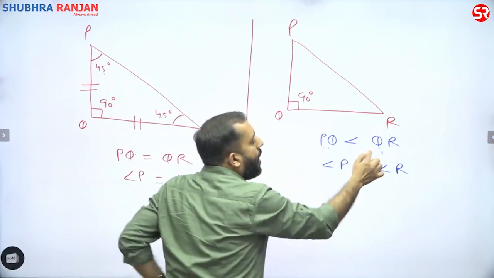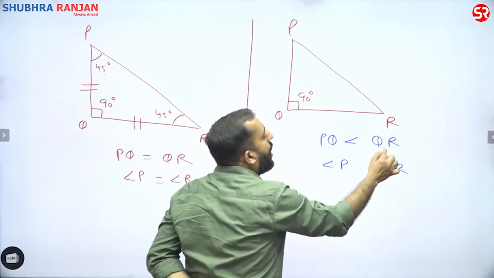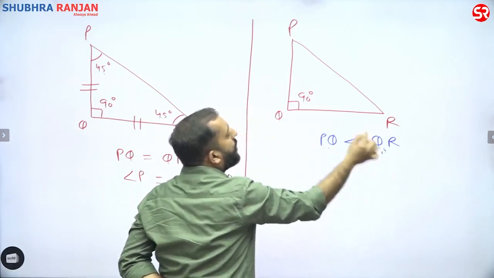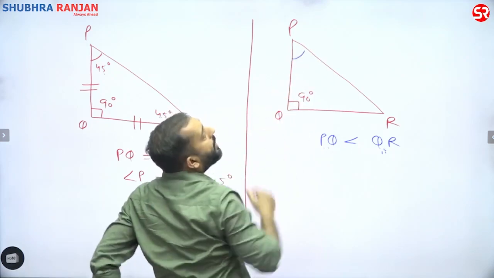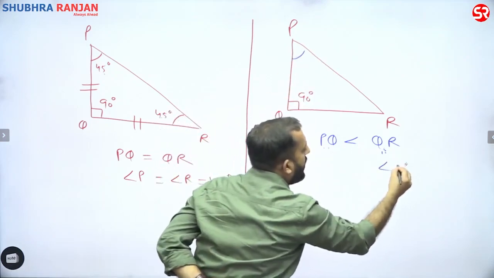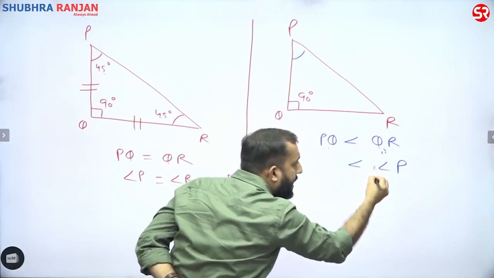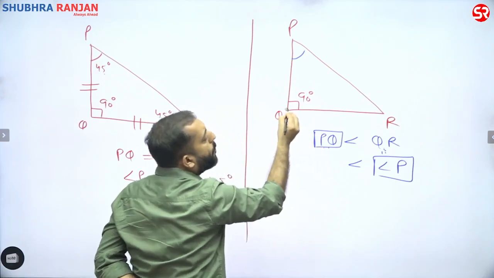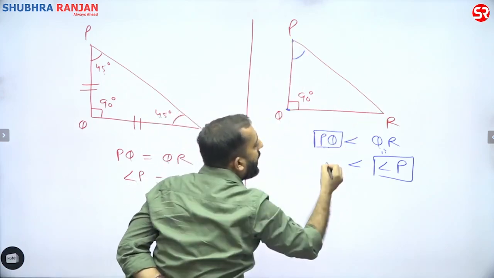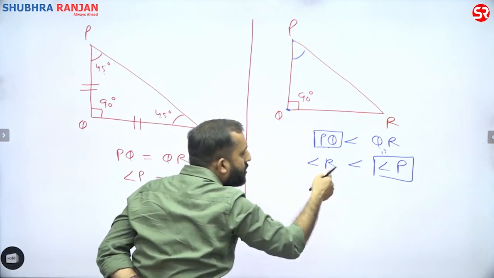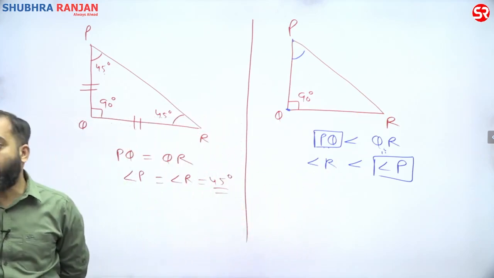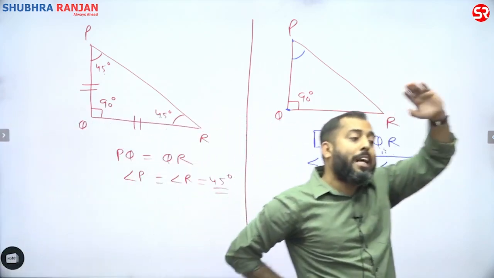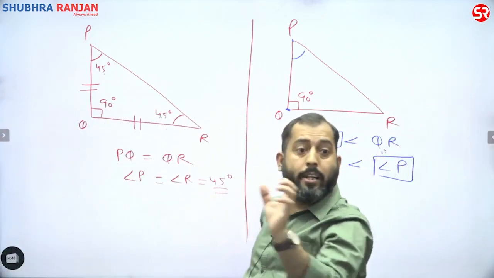So, tell me, opposite to QR, which angle is present? Angle P. So this angle P is going to be greater than the angle opposite to PQ. Which angle is opposite to PQ? Angle R is opposite to PQ. So this is going to be the statement here. Getting it? So do remember, the angle opposite to the largest side is largest in a triangle.